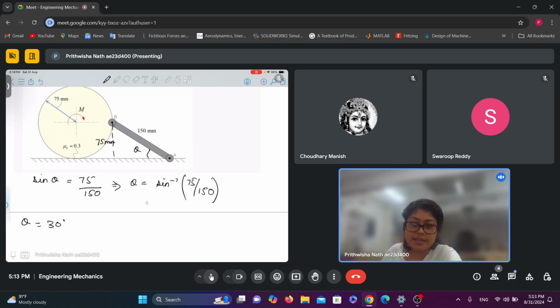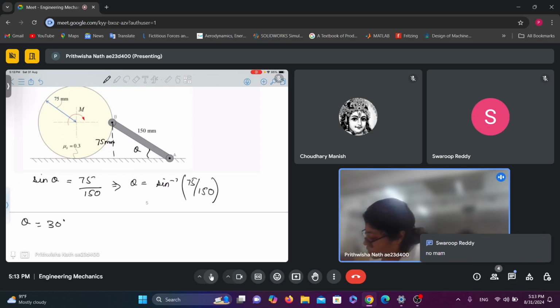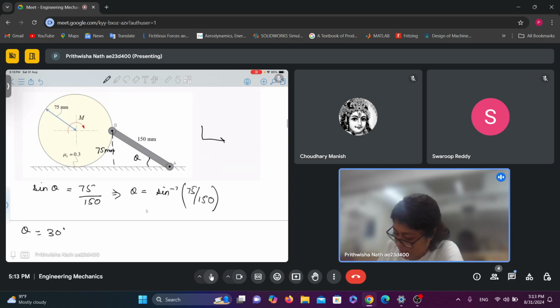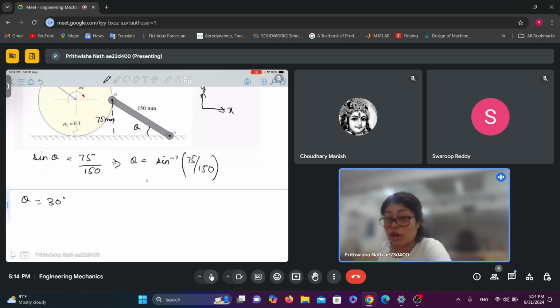Is there any doubt regarding this? Okay. So now suppose this is the reference coordinate axis. Now I'll draw the free body diagram first. So there is a normal reaction here.